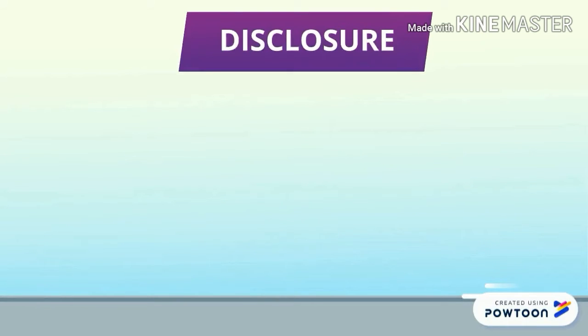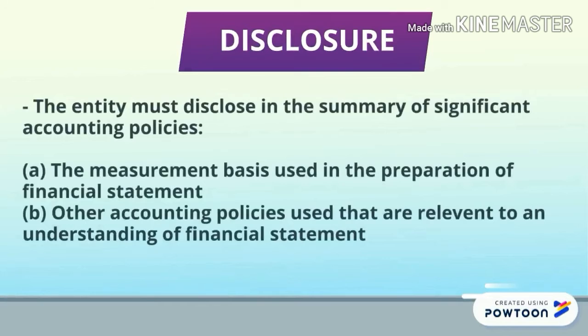For the disclosure of MFRS 101, an entity must disclose in the summary of significant accounting policies the measurement basis used in the preparation of financial statement or other accounting policies used that are relevant to an understanding of financial statement.